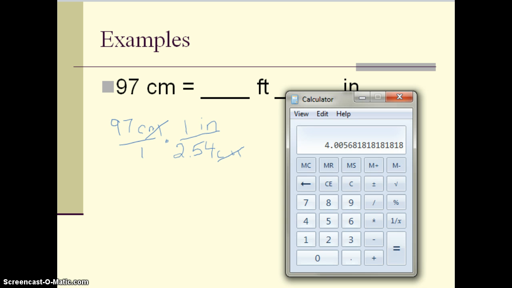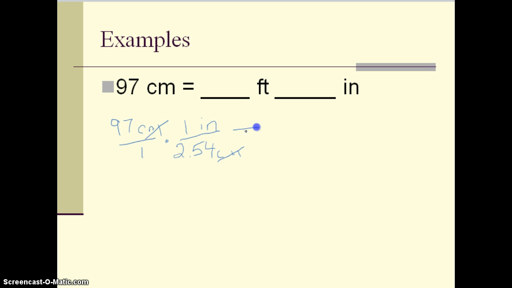And so I'll get my calculator, clear, and then 97 centimeters divided by 2.54. So I have 38, and at this point in this problem I can round to a whole inch. I have 38 inches. So going back to my problem, equals 38 inches.